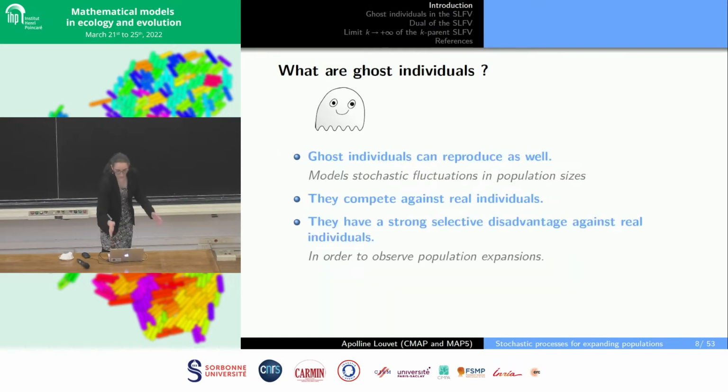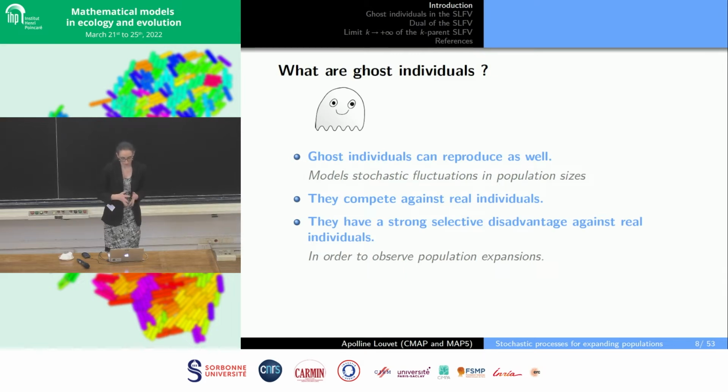So the key feature of this model, which can be generalized to others actually, is that the ghost individuals can reproduce as well in the model, which seems a bit weird from a biological viewpoint, but actually that's just a way to model stochastic fluctuations in population sizes. A ghost individual reproducing will just be a local extinction or decrease of population density due to stochasticity.